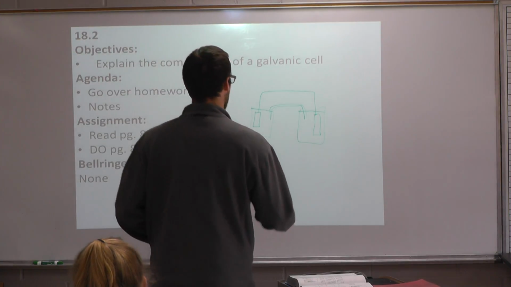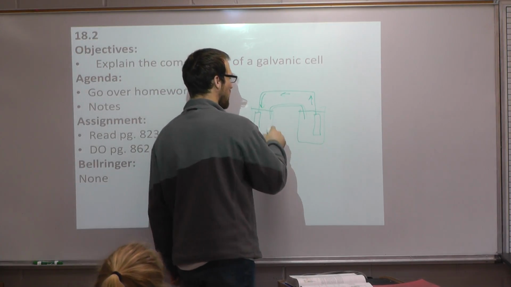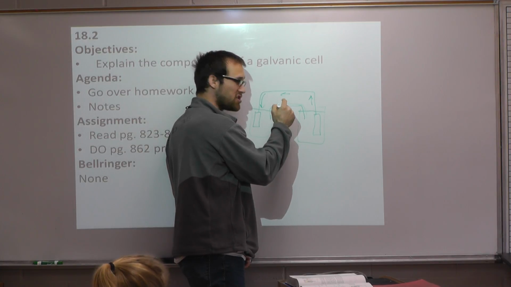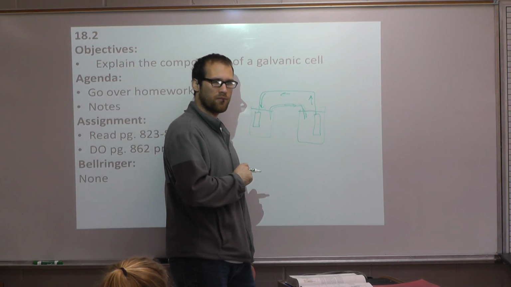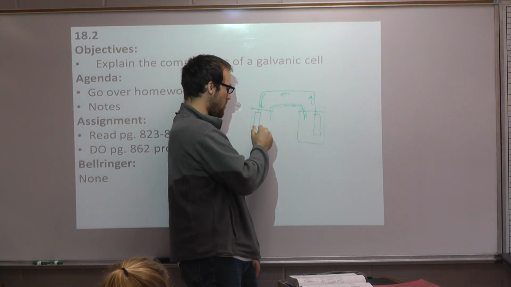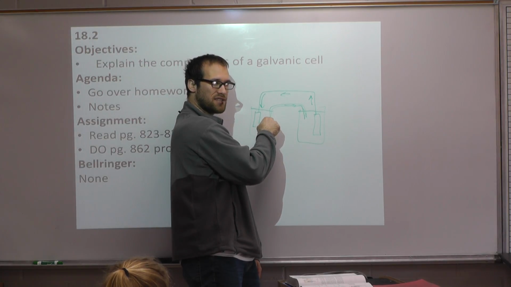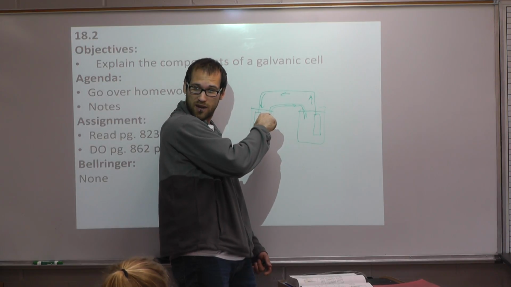As electrons are flowing this way, the negatively charged ions in here are flowing that way. Because as this side starts to build up and become more negatively charged, it's going to repel the negative ions in this little tube. Does that make sense, everybody?